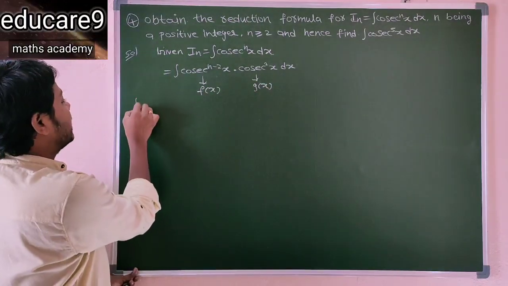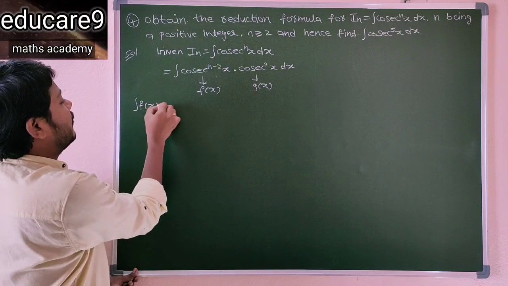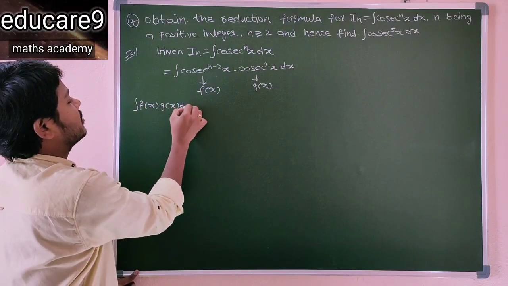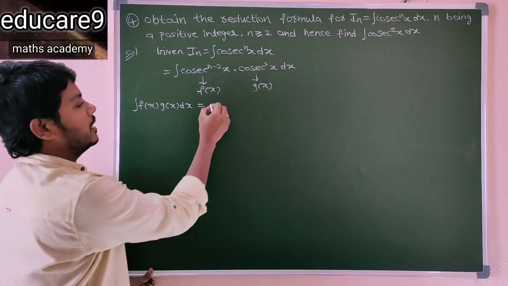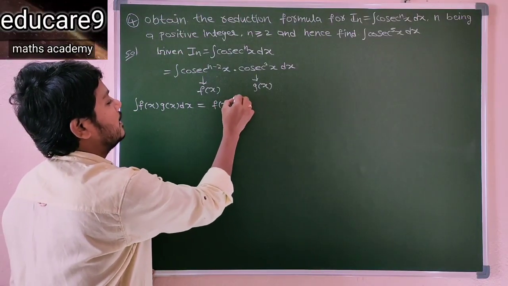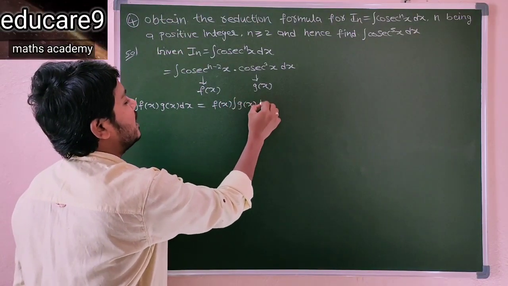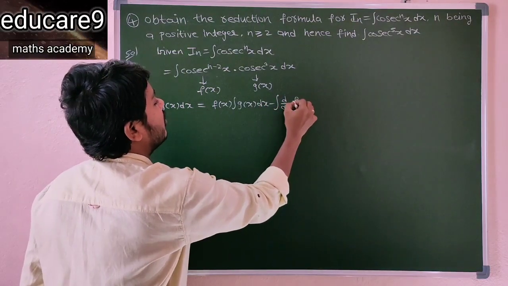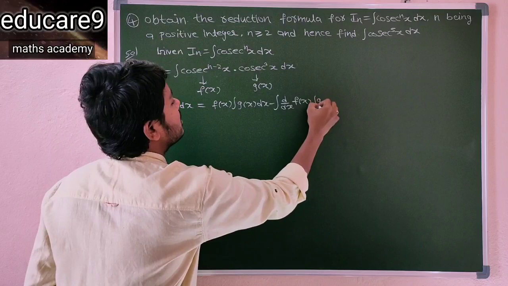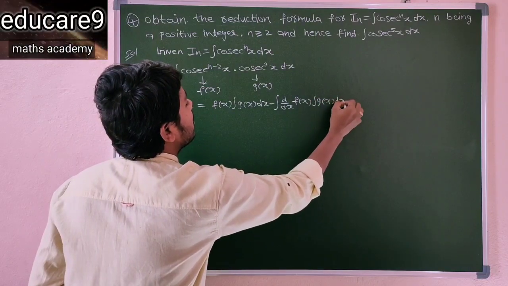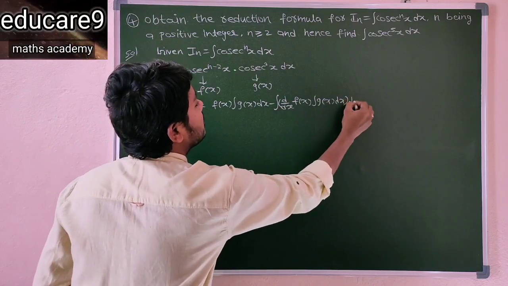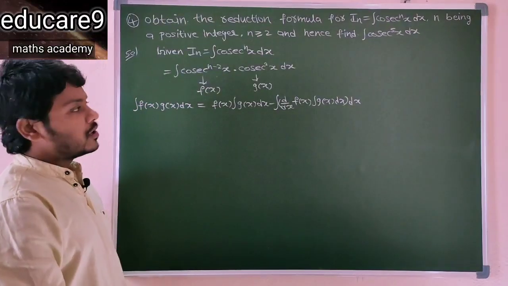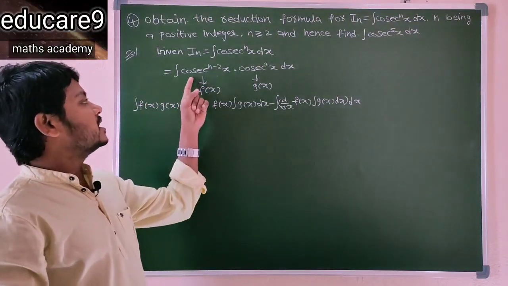Now you know the integration of f of x g of x dx form: f of x integration of g of x dx minus integration of d by dx of f of x integration of g of x dx, whole dx. Now apply this formula. Clearly this is the first function.